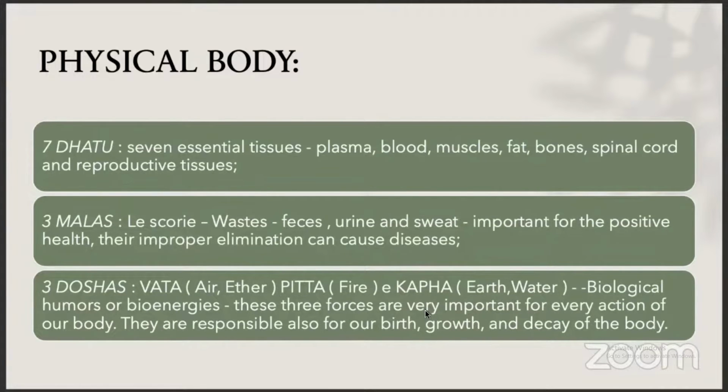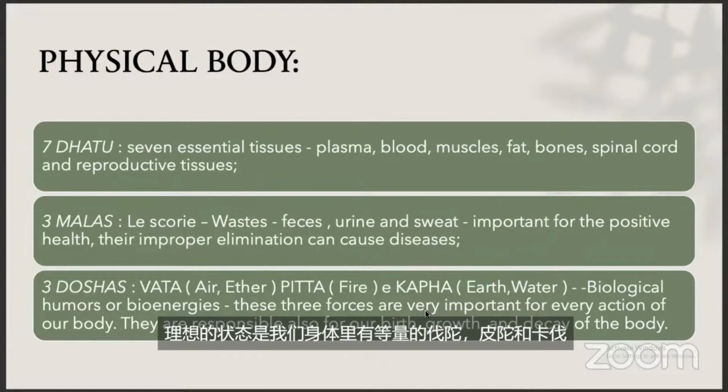The prakriti, the physical constitution, the ideal one, is called sama prakriti. That means we have vata, pitta, and kapha all in equal quantity in our body.